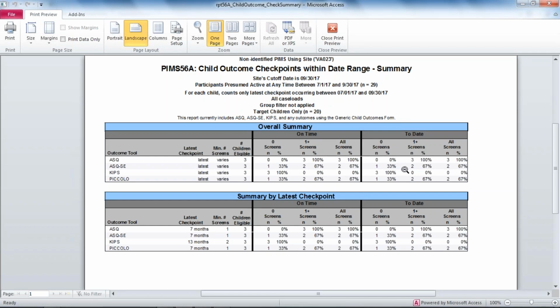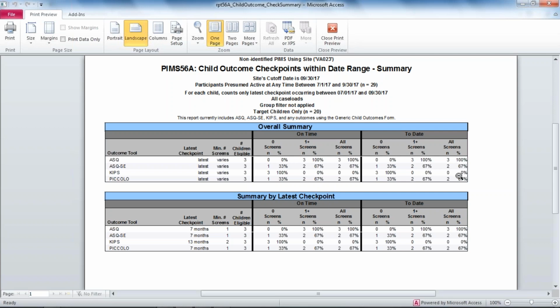We look at the up-to-date rather than the on-time, again, just because on-time is too stringent. And we look at the percentage completing all screens that were expected during that period. So your 3 children were eligible. All of them had at least 1 screen, and all of them in this case had 100% of what was expected during the period.